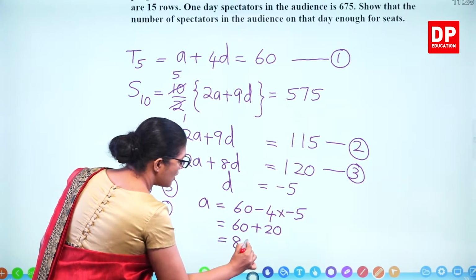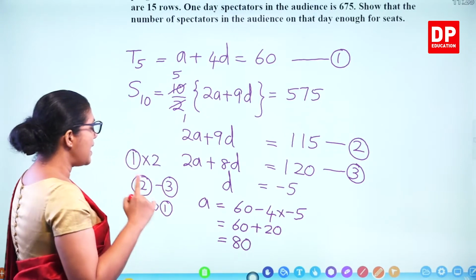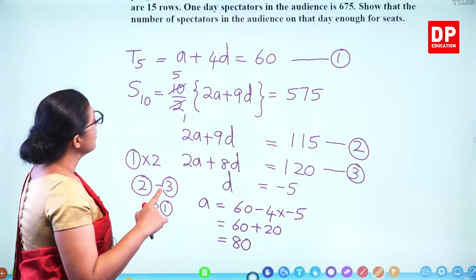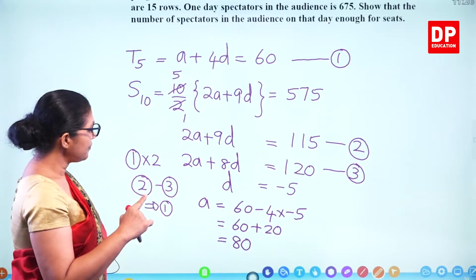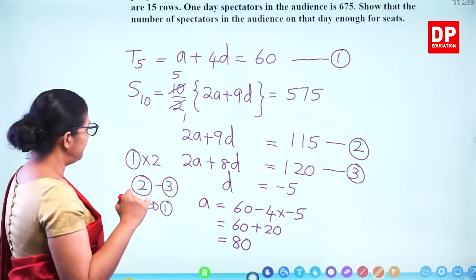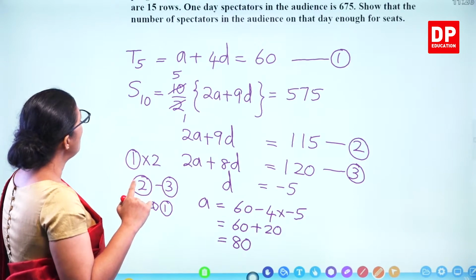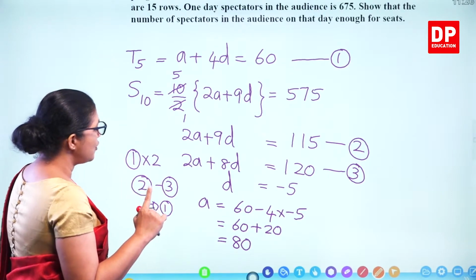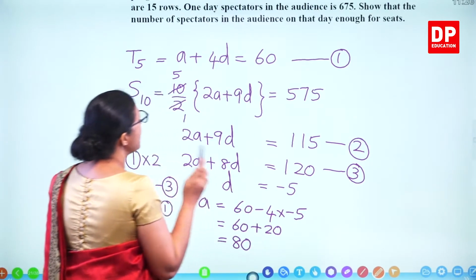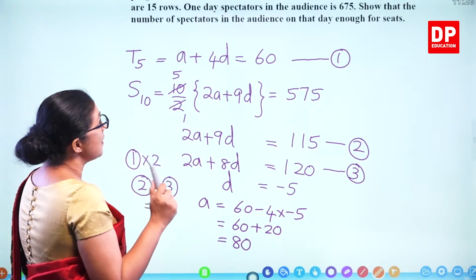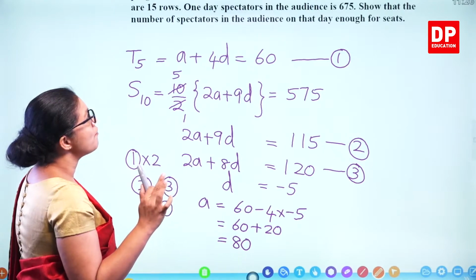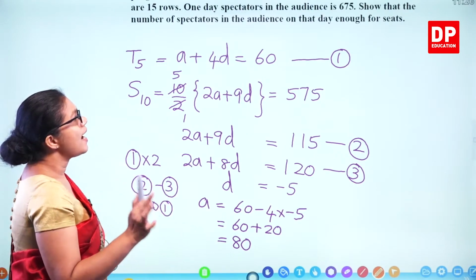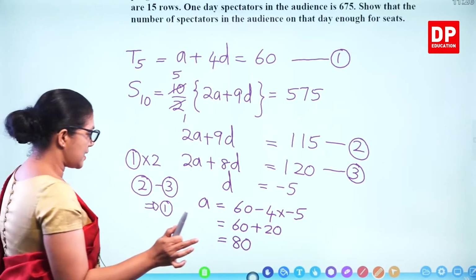So initial, the first row, that's 80 seats, starting from 80 and reducing. Now 15 rows. Now you have to show that one day the spectators in the audience is 675 and you have to show that the seats are enough for all spectators.